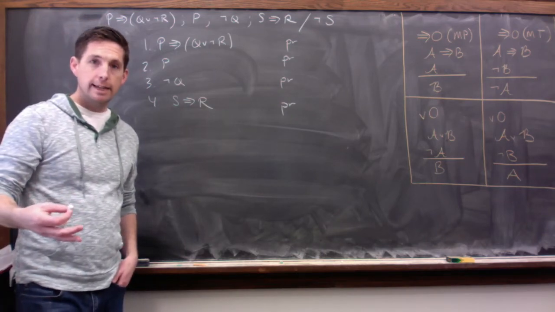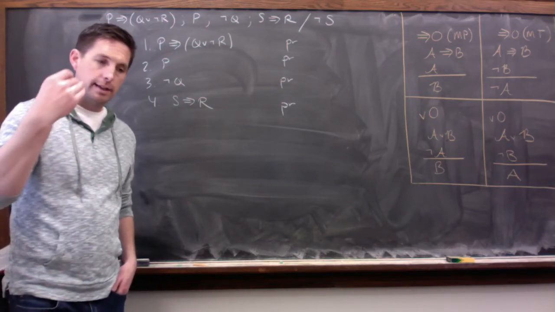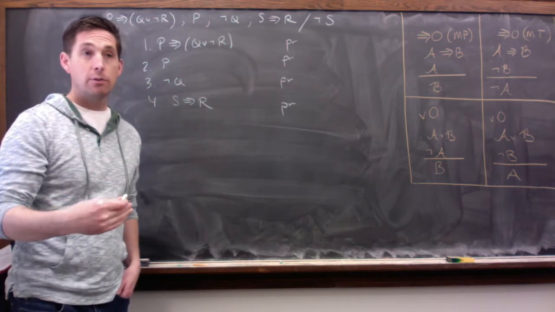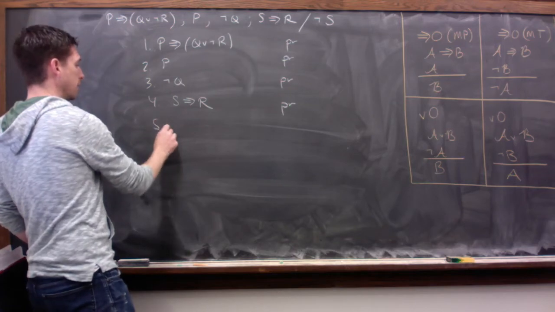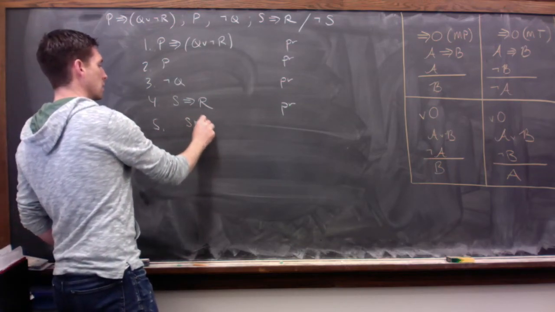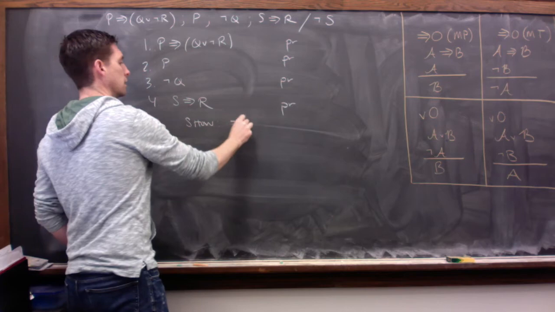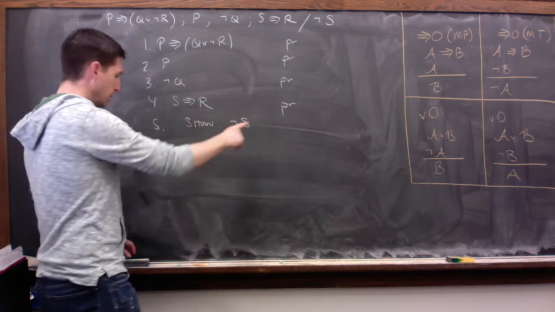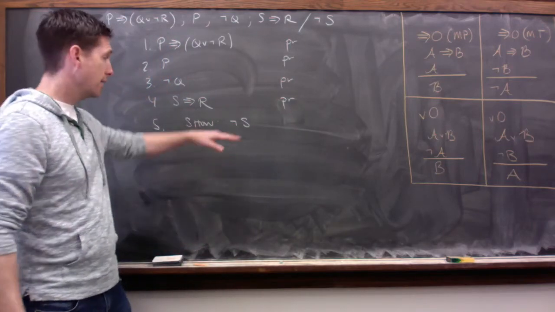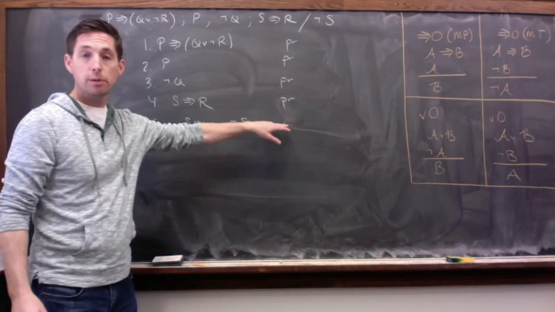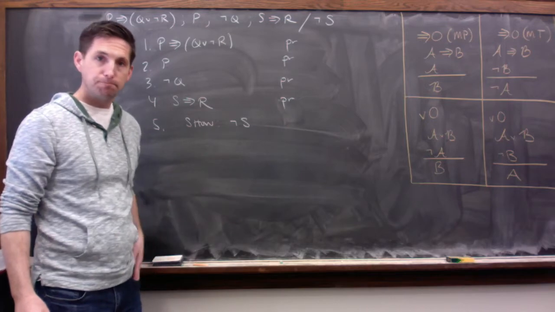After that, we want to write down a show line, that tells us what we're trying to derive or what we're trying to prove. In this case, not S, our conclusion. So we're going to write 5 and then show and not S. And remember, we don't put anything there right now because we haven't actually derived it. We're going to wait until we complete our proof to put anything there.